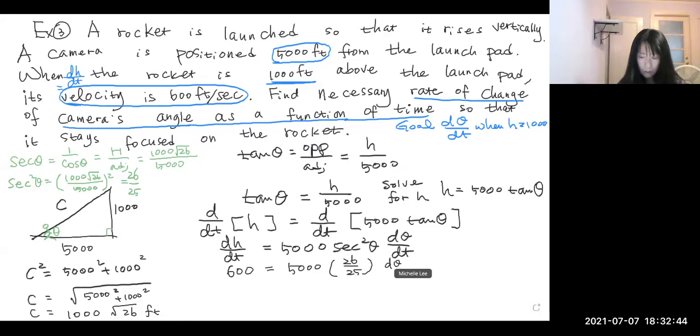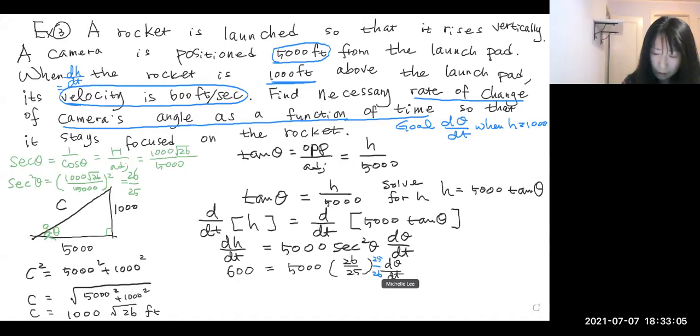And d theta over dt, right? Then d theta over dt, so 25 over 26 and 5,000. So 25 over 26 and 5,000.